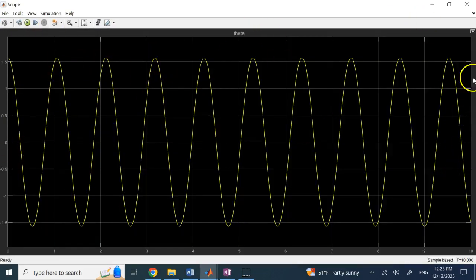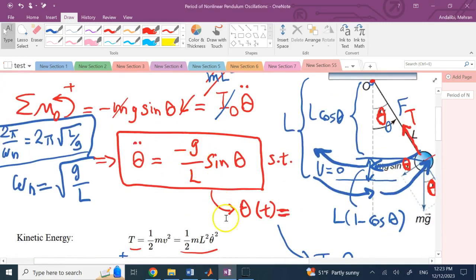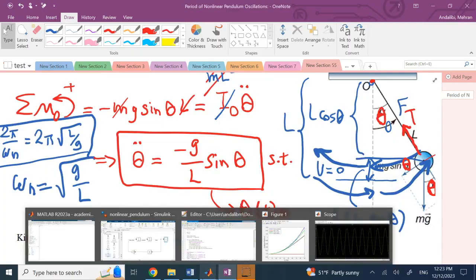Here you see the oscillations of the nonlinear pendulum, and you might be tempted to say this is like a sine or cosine function. Yes, but not exactly. This is what we call a pseudo-harmonic function, and it's not really a simple sine and cosine. As I said, if you plug a sine or cosine into the governing ODE, it will not work.